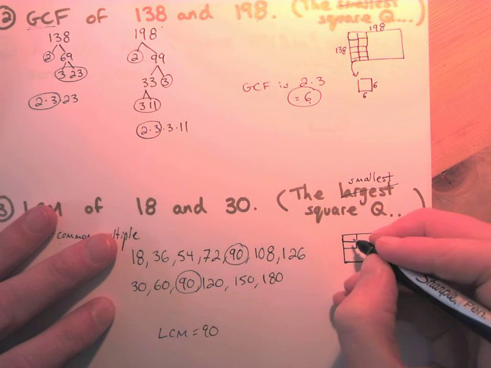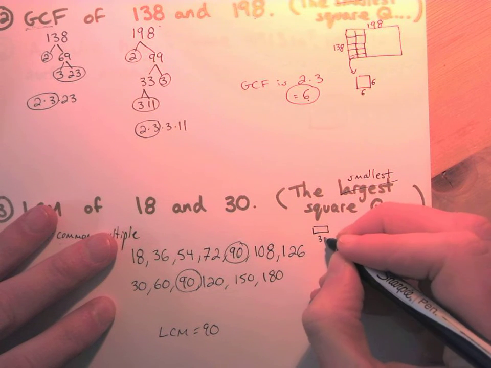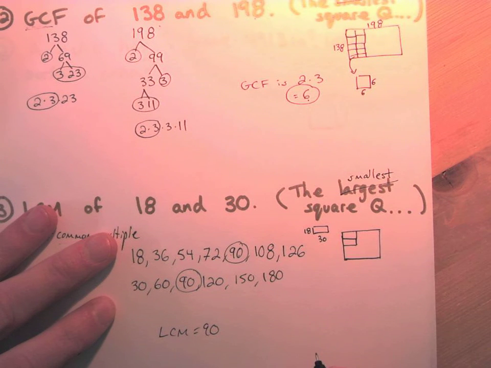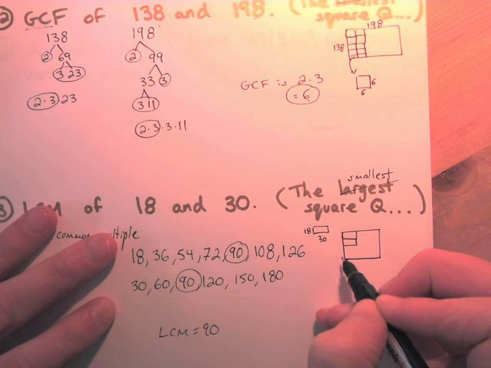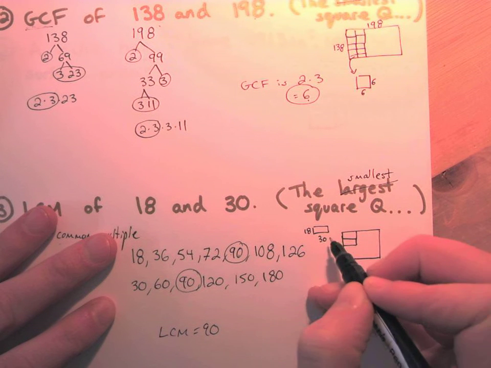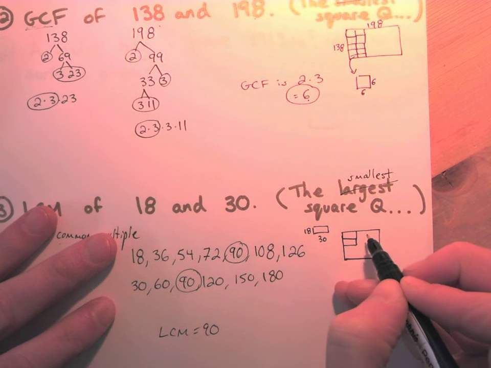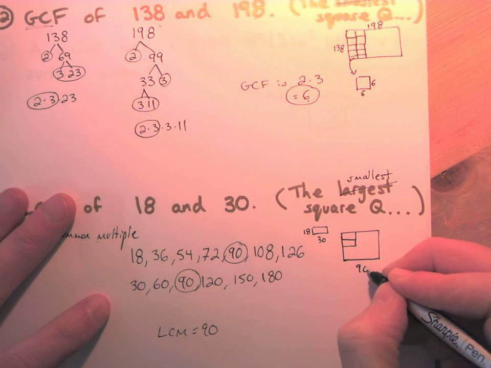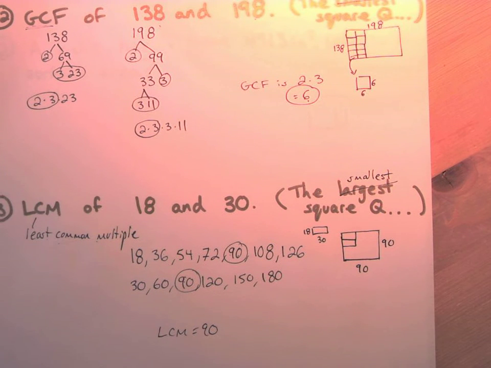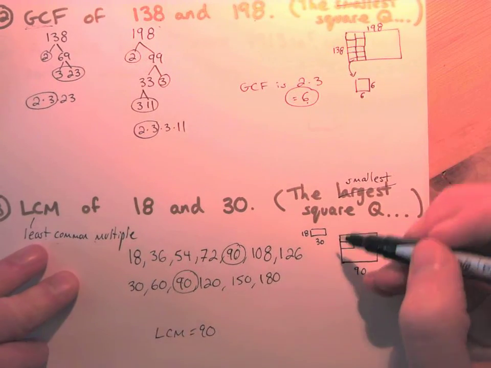So if you have a tile that is 18 by 30, what's the smallest square area that you can make so that your tiles fit perfectly inside that square? The answer here is 90 by 90. It's the smallest square that you could perfectly tile with these sized tiles, which is pretty cool that you can get the answer quite quickly. So those are those two types of questions.